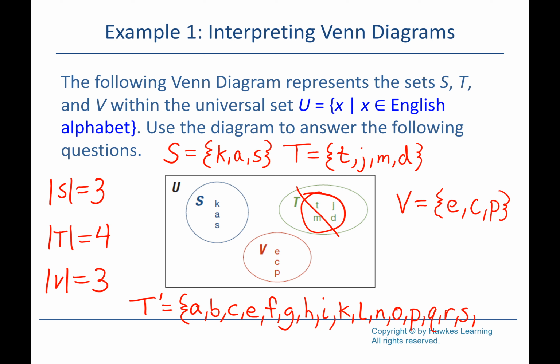Not T, then we need U, V, W, X, Y. So everything except the ones in T.